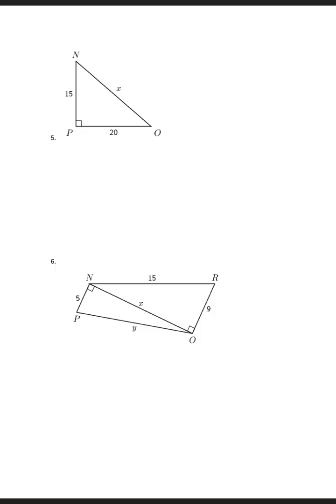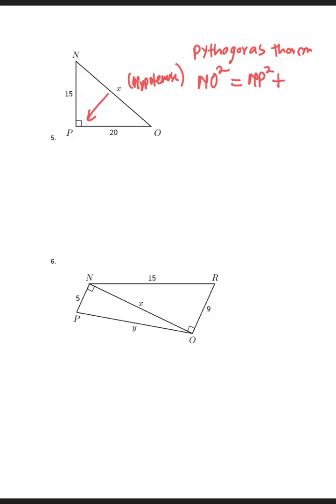Next one, here we're gonna use the Pythagoras theorem to find X. So the longest side is the side facing the 90 degrees. So this is the hypotenuse. So then you're gonna say the longest side squared, which is NO squared, is equal to NP squared plus PO squared.